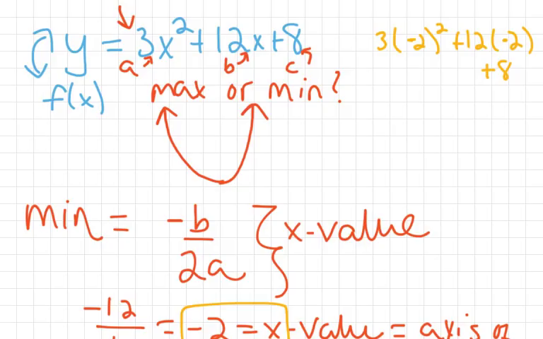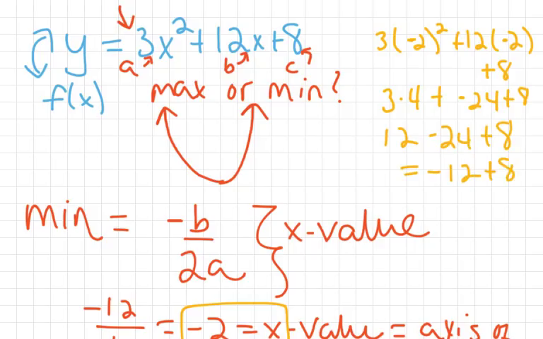Negative 2 squared is 4. 3 times 4 plus 12 times negative 2 is negative 24 plus 8. 12 minus 24 plus 8 is, let's see, negative 12 plus 8, or negative 4. So that gives us our minimum of negative 2, negative 4.